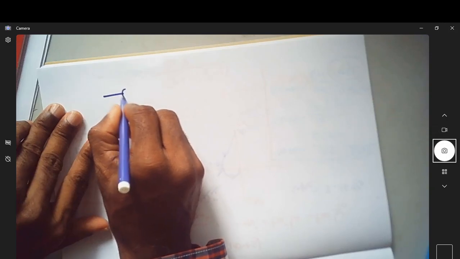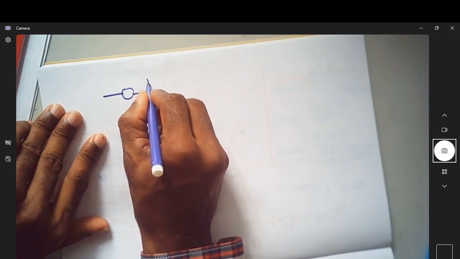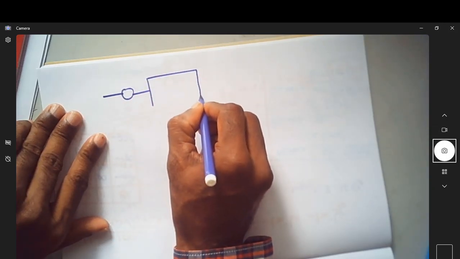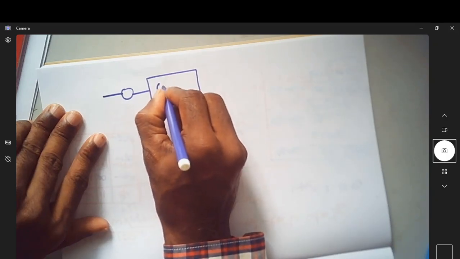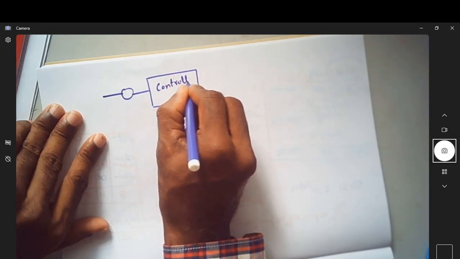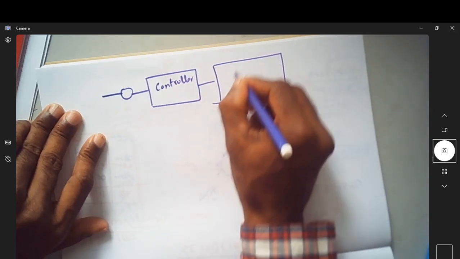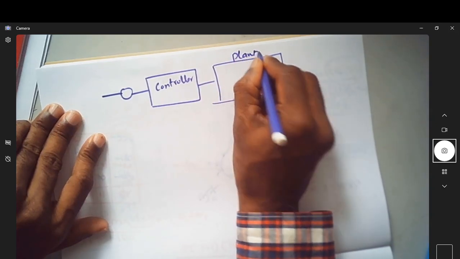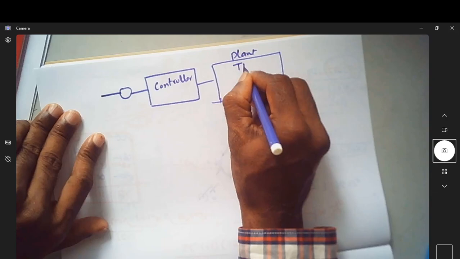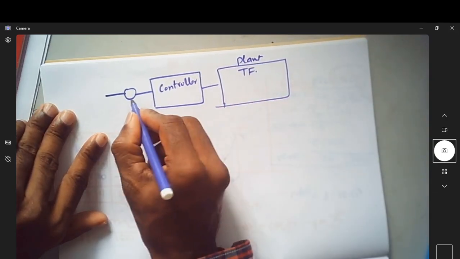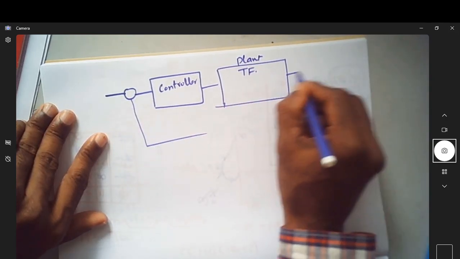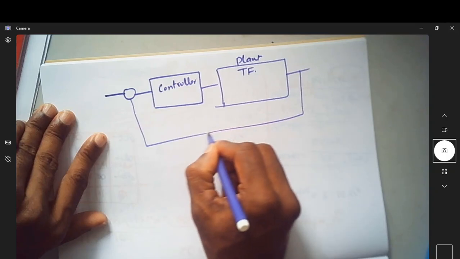Let us consider a system having a controller. So this is a controller, and this is the actual plant what we have. So this is a plant having some transfer function, and assume that this is in a unity feedback system.